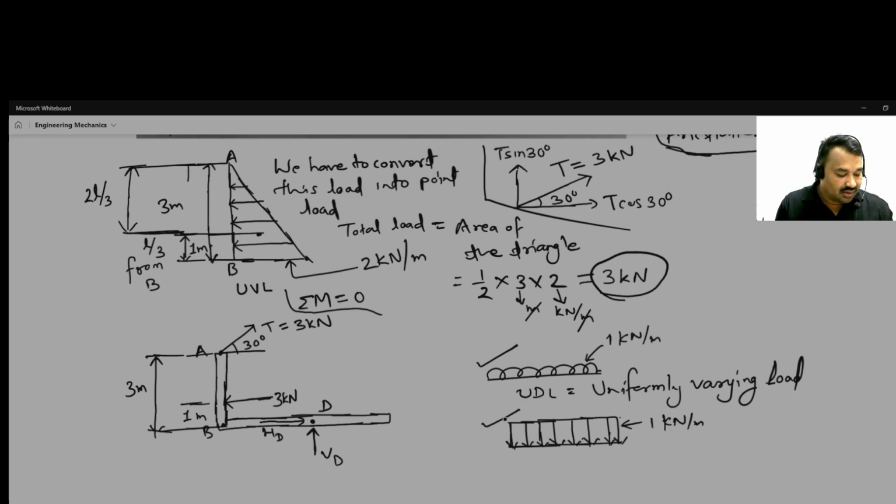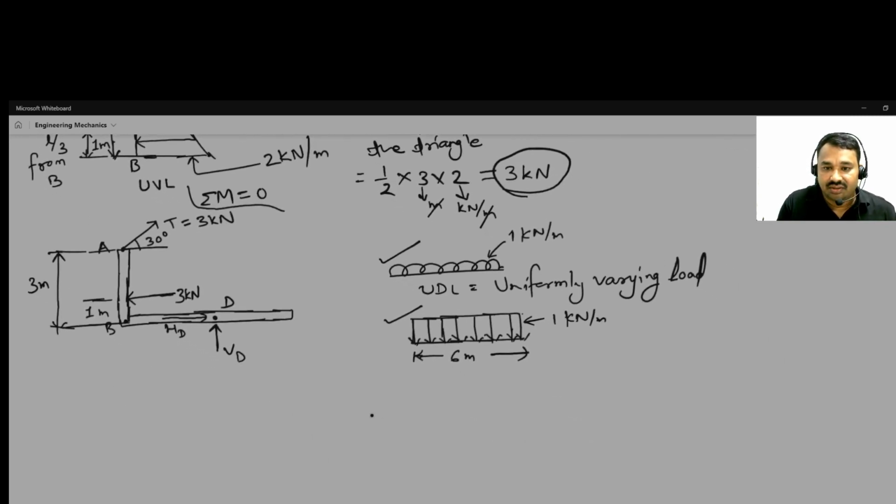So what about its distance? So it is 6 meter. Okay, so what about the total load?